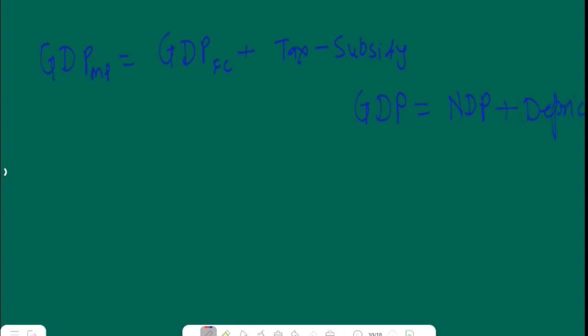So we have to put it here, and NDP is equal to NNP minus net foreign income from abroad.